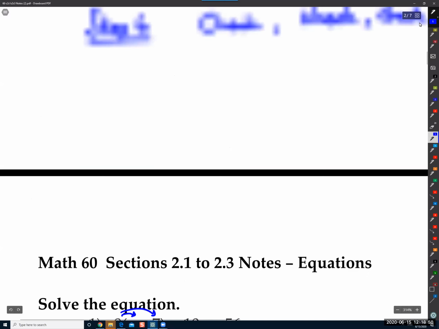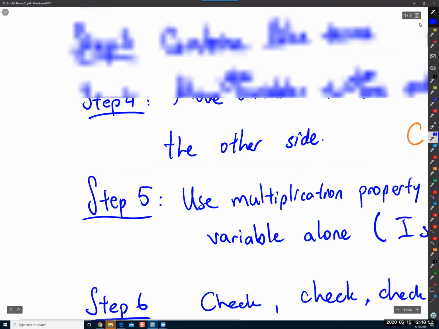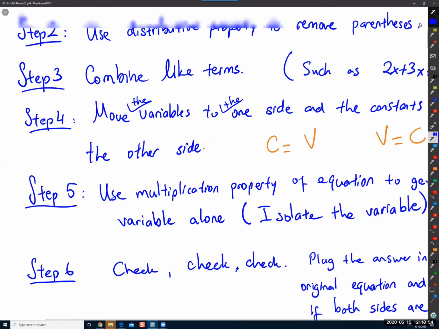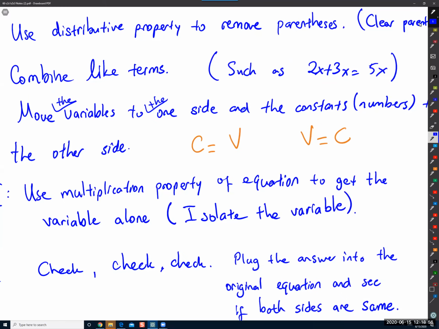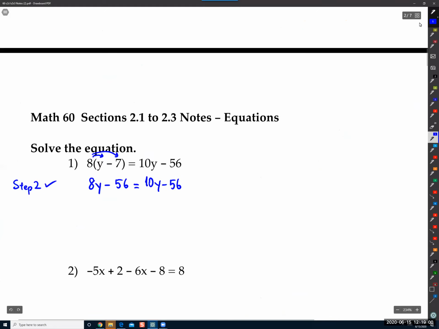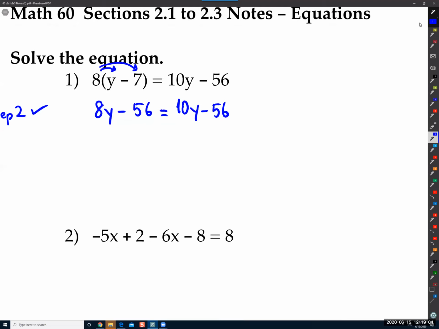Step 4 tells you to move the variables to one side, make one side constant only, one side variable only. I just erased it, but I'm going to put it back. Letter coding. Like this is what? Variable and constant. And if you look at here, what's that? Variable and constant.